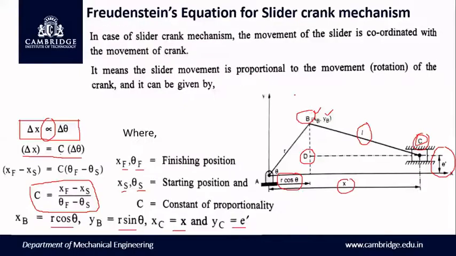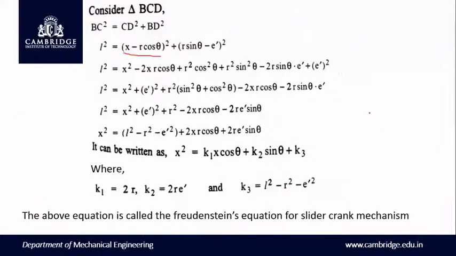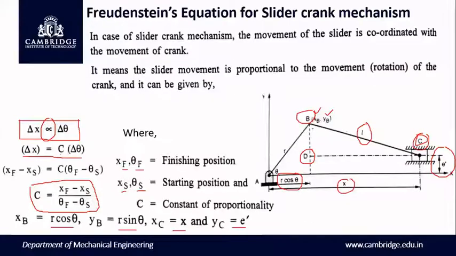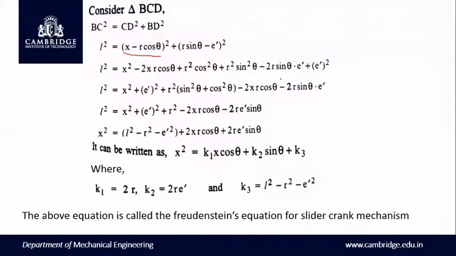And what is BD? BD is the total distance, and that is r sin theta, the distance from here to here. From that we need to subtract e dash, hence BD will be r sin theta minus e dash.